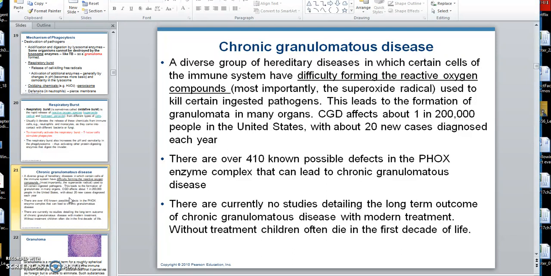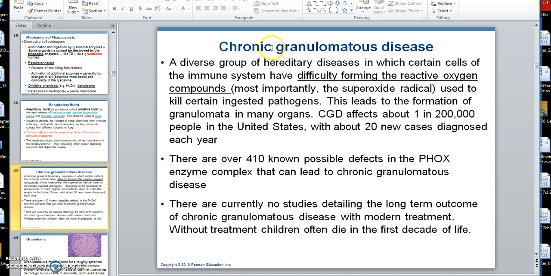Thus, the phagocytic cell will grab on, but it can't kill. A bunch of them will grab on. And that's what we call chronic granulomatous disease. There's an enzyme defect in that person's genetics that does not allow them to produce the enzymes to do the respiratory burst. So you can't bring it down.